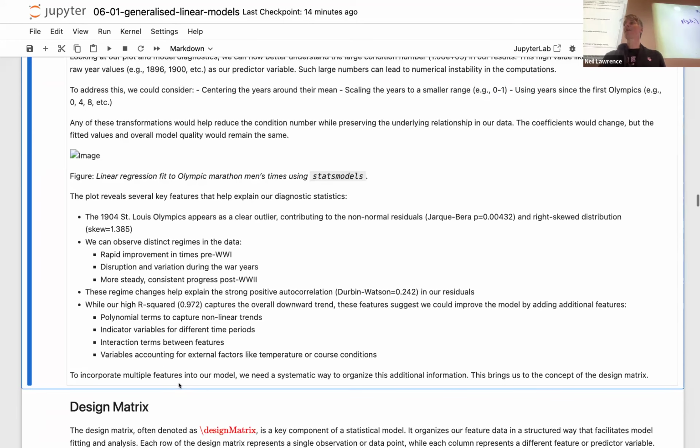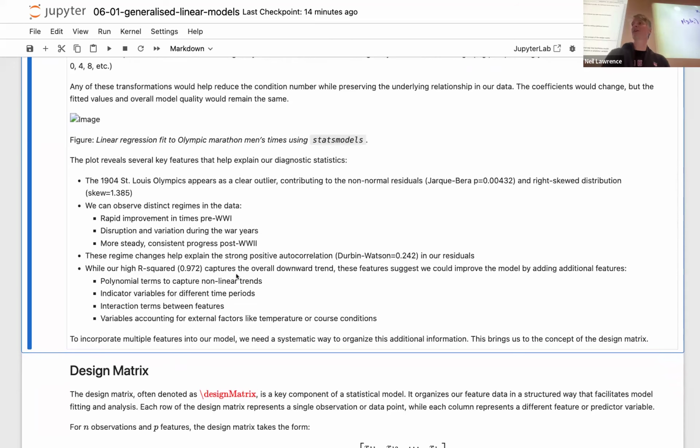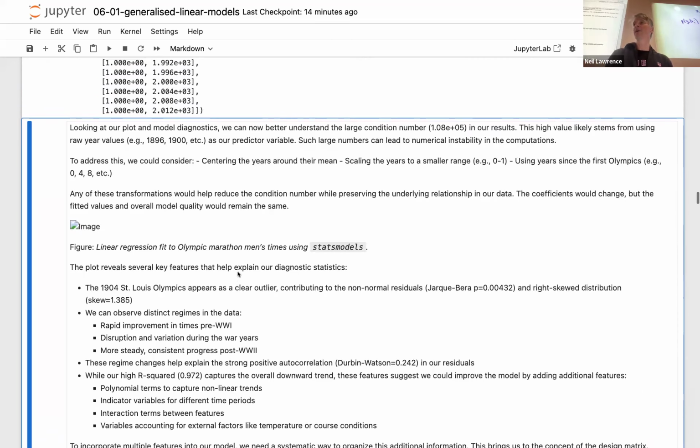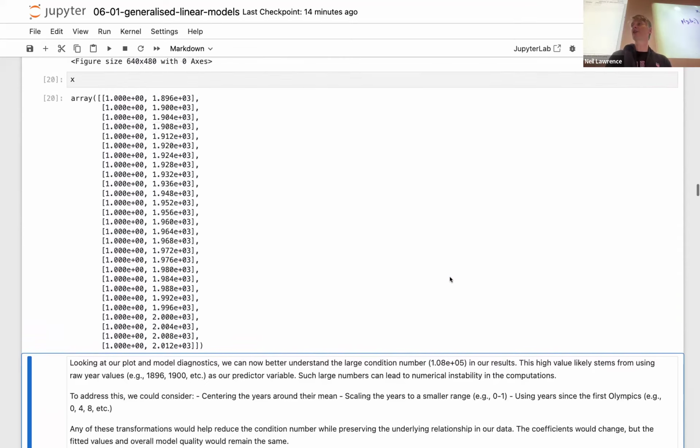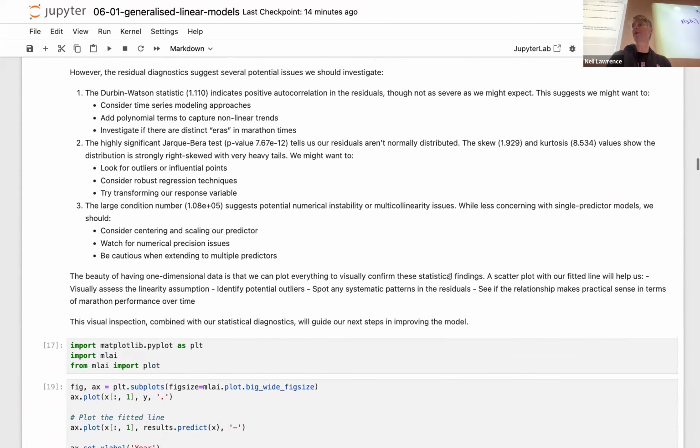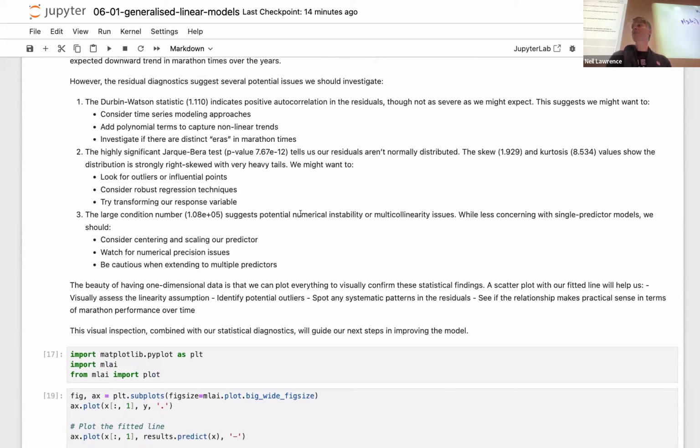There's another interesting thing in here that does relate to our diagnostics. Looking at our plot and model statistics, we can now better understand the large condition number. A large condition number suggests potential numerical instability or multicollinearity issues. So it's about the condition number of the inverse that's going on while it's doing this, and it's warning you about that.